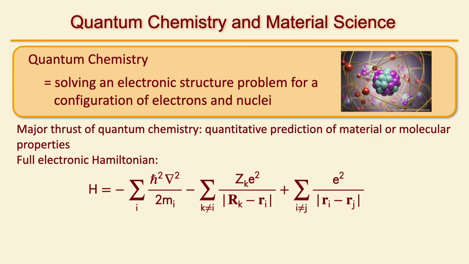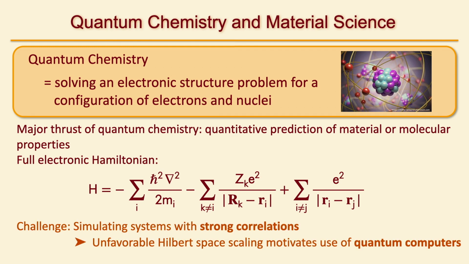Let me tell you, for a serious-size molecule, nobody can solve this exactly, but people try. This is in general challenging. In particular, it's challenging if we have strong correlation, and because of the unfavorable Hilbert space, this came up a couple of times today, that is where it might be possible that quantum computers come in useful.